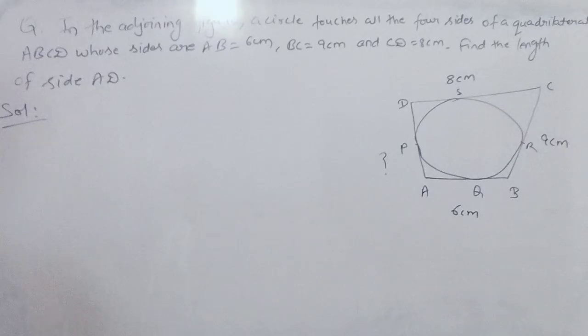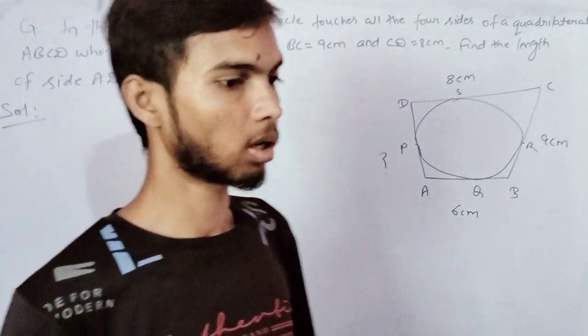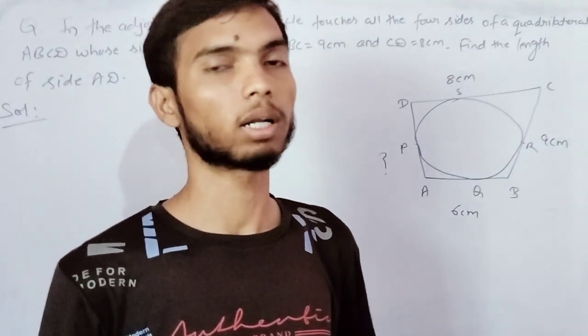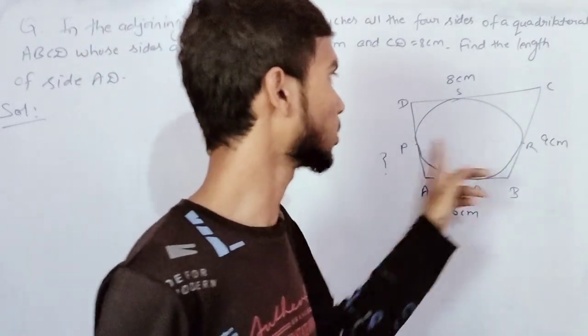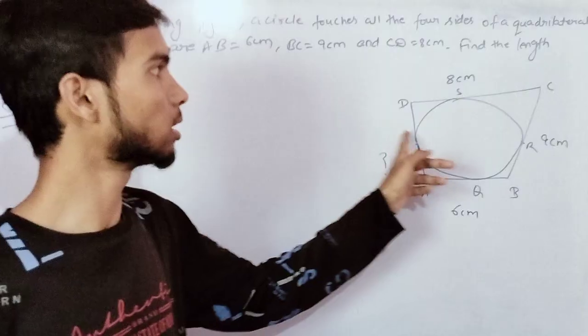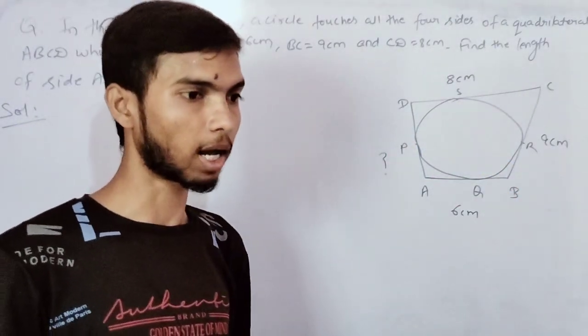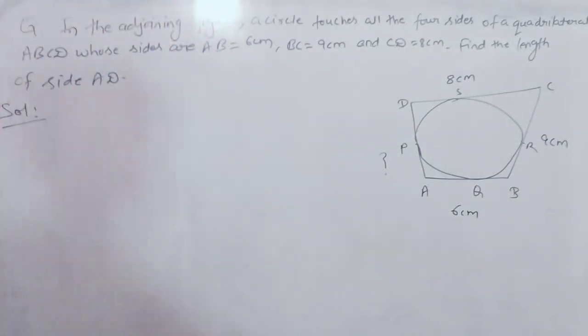So always remember, in the figure of a quadrilateral, the sum of opposite sides will be equal to the sum of the other opposite sides. This is parallel and this is non-parallel. So we will take the sum of parallel lines equal to the sum of non-parallel lines.